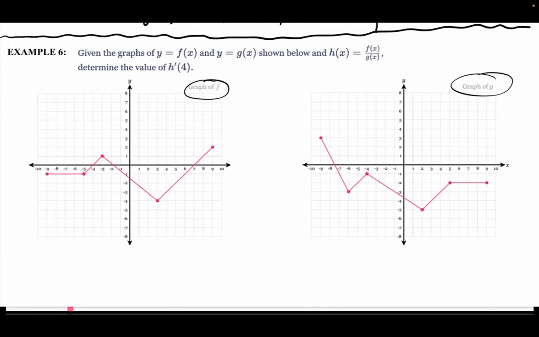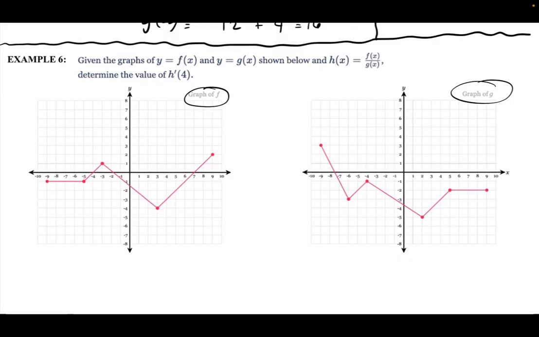So essentially, this is a table. They're just written as a graph. I have dots on here, right? F of negative 3 is 1. F of 3 is negative 4. F of 9 is positive 2, and so on and so forth. So it's a big table. So I've got to find h prime of 4.